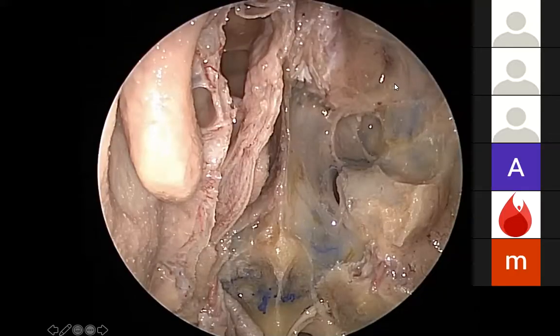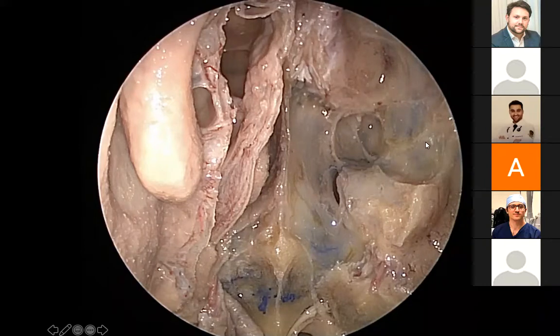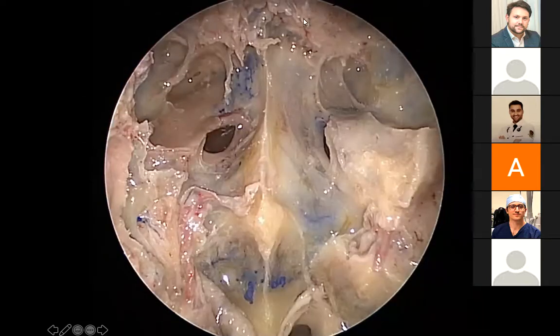And if we perform a posterior ethmoidectomy, we have a really good view of the front of the sphenoid sinus. Whereas if we do not perform a posterior ethmoidectomy, then we have a very small corridor towards the sphenoid sinus. We see the sphenoid sinus ostium bilaterally, and here, removing the posterior ethmoid, we really get a good view of the sphenoid sinus ostium.